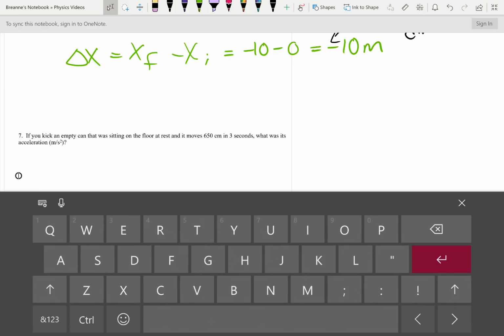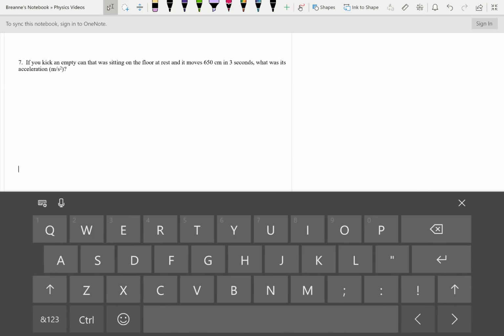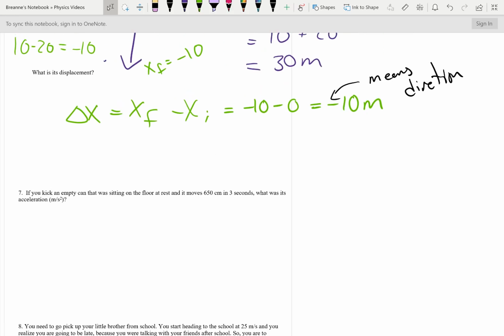Number 7. If you kick an empty can that was sitting on the floor at rest and it moves 650 centimeters in 3 seconds, what is its acceleration? So let's write out our givens.